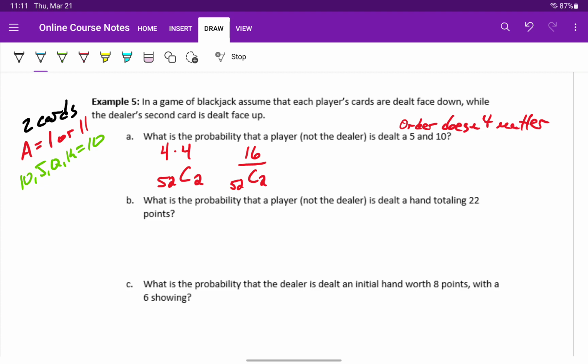So what we'll type in using Desmos is 16 divided by NCR, and then in a set of parentheses, 52, comma 2.